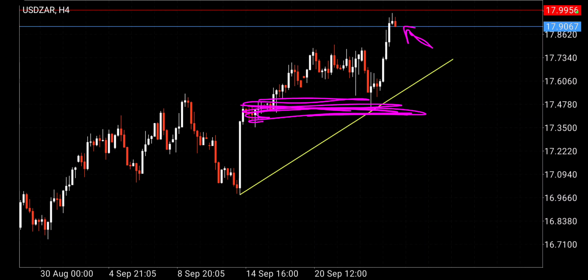Currently, we know we are inside higher time frame resistance. On this time frame, you have bearish rejection. That's another sign that you need because you are searching for trades to the downside. And the red candlestick is a bearish engulfing because it engulfed that last pin bar to the upside.